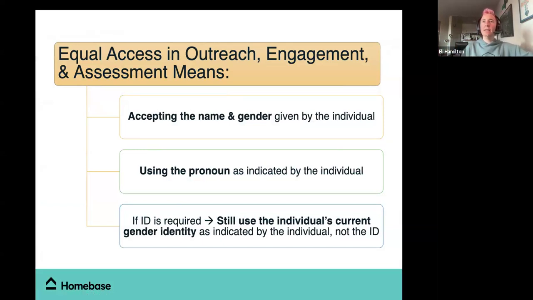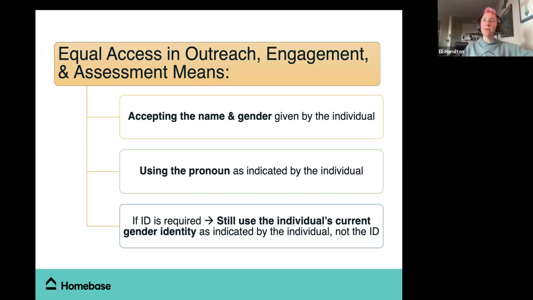Okay, but best practice, right? This whole slide is about letting someone tell you who they are. That goes for someone's name, someone's gender. This applies to HMIS as well. It is okay and appropriate to change someone's name and gender marker in their HMIS profile if they give you a name or gender that is not what's already in HMIS.